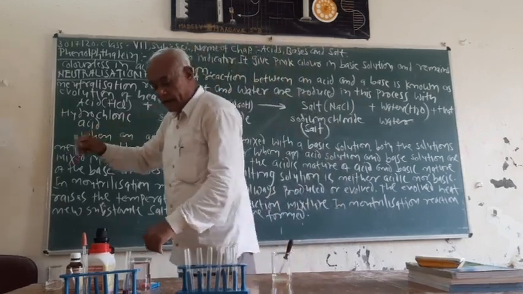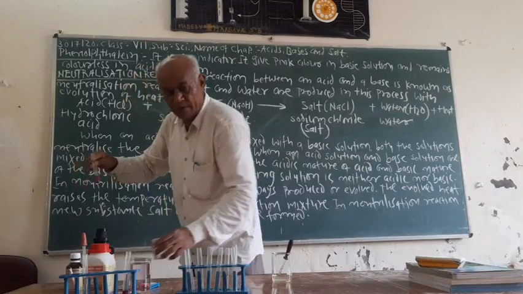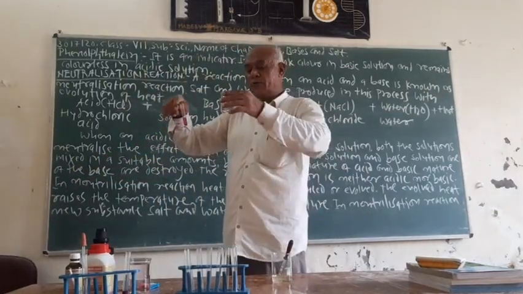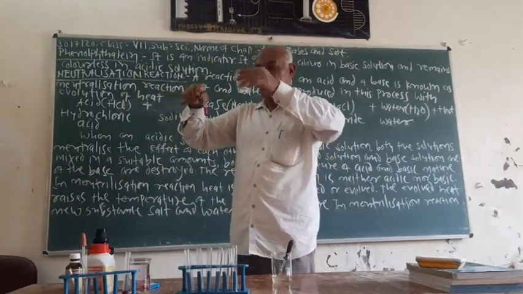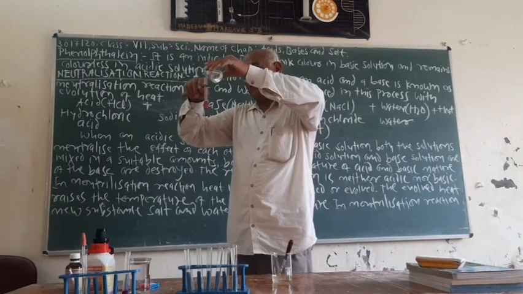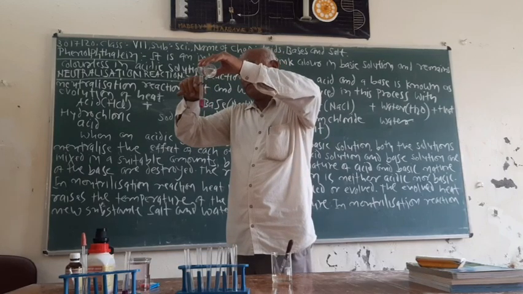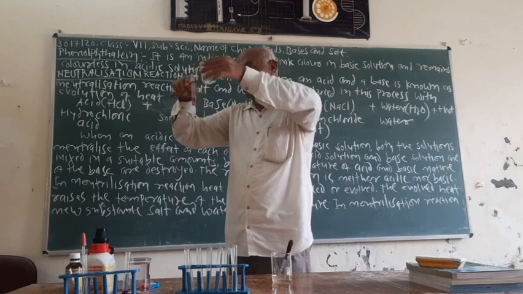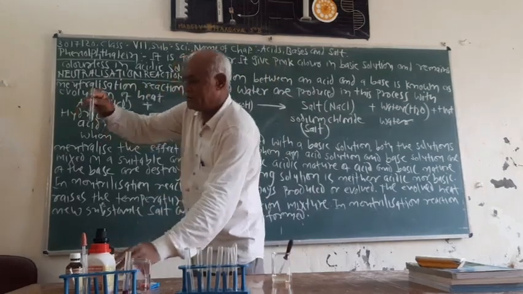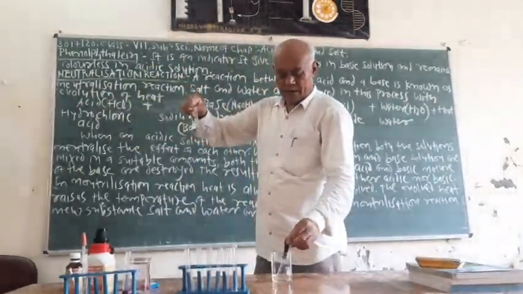Now if I add a drop of acid into the test tube, it becomes colorless again. You see that it is colorless again.